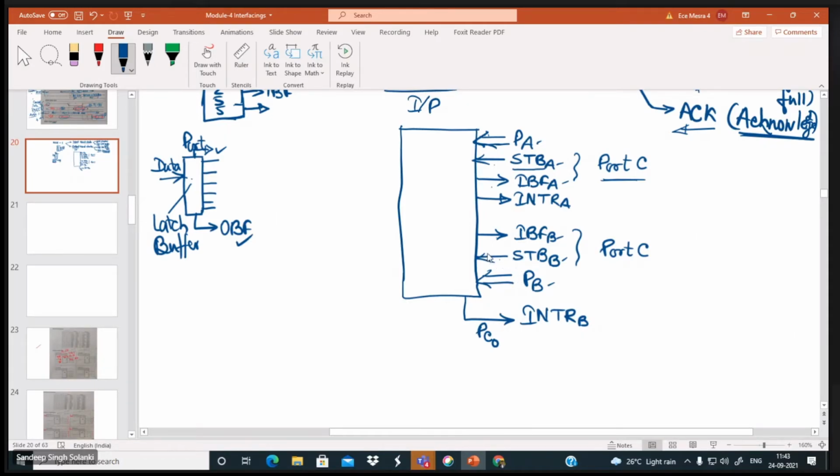Which is this pin? This pin is your PC2, and this one? PC1. This one? PC5. And this one? PC4.